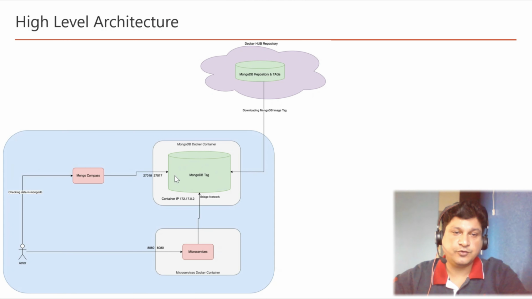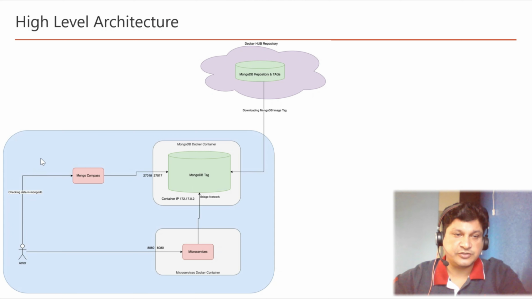Then I'll explain the port mapping, why it is important, and how to identify the IP address of this Docker container, because we'll be using this IP address in our microservices to connect to this database. Once this MongoDB is running in this Docker container, we'll connect to it through Mongo Compass running on my local machine and see the database, create a database, update the database, and see the records.